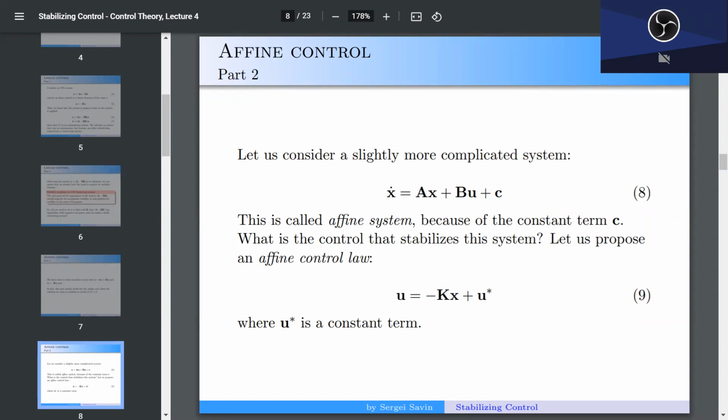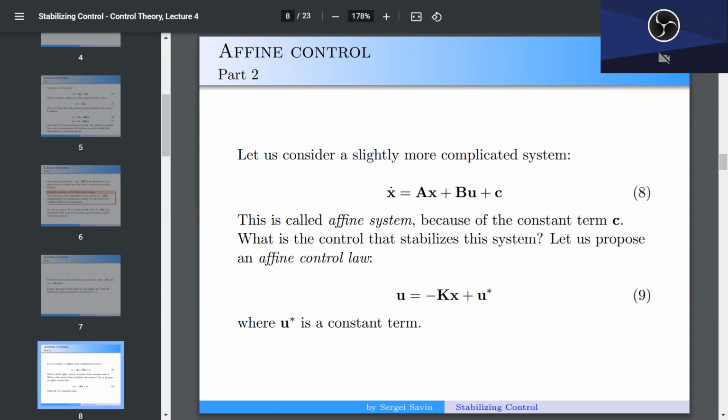Affine in algebra means that instead of being linear, it has a constant term as well. If it feels like, why such a grand term for such an obvious thing, please don't look down on affine systems. Not only do they serve an enormous purpose, they are also a degree of difficulty above linear systems. So please pay respect to affine systems. They deserve it.